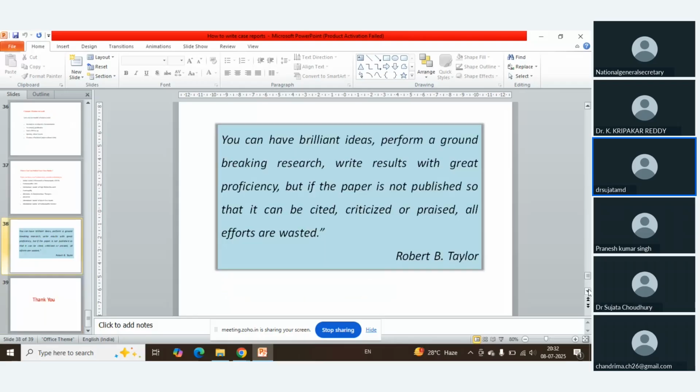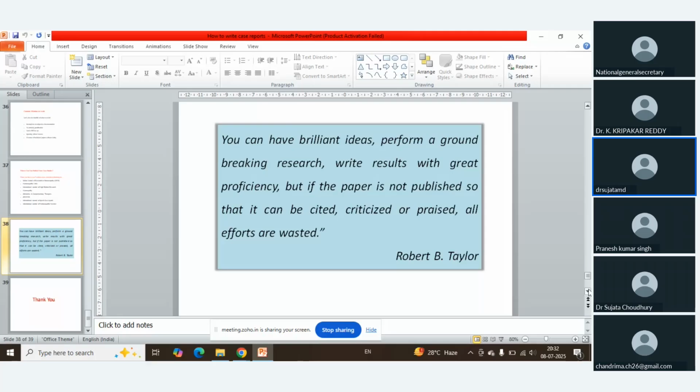Robert Taylor has said that you can have brilliant ideas, perform groundbreaking research, and write results with great proficiency, but if the paper is not published so that it can be cited, criticized, or praised, all efforts are wasted.